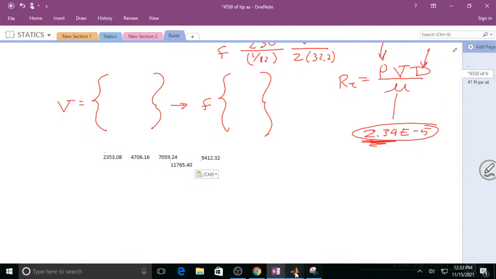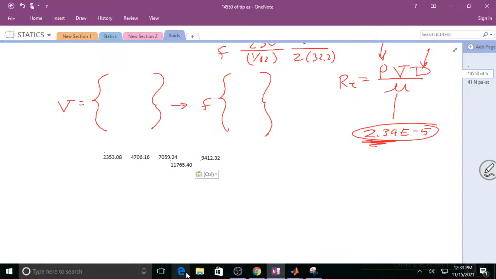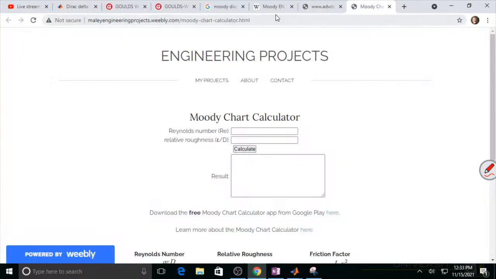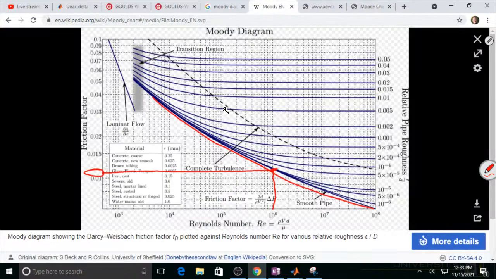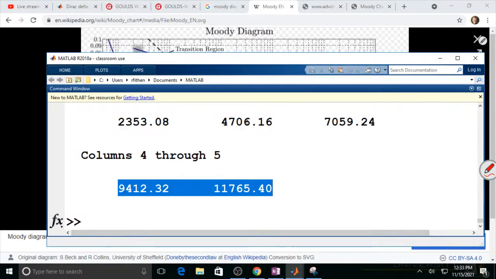I could still monkey around with this. So my Moody diagram, where did it go? There it is. So I've got 2,000, 4,700, 7,000, 9,000, and 11,000.